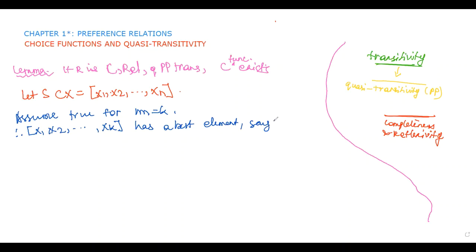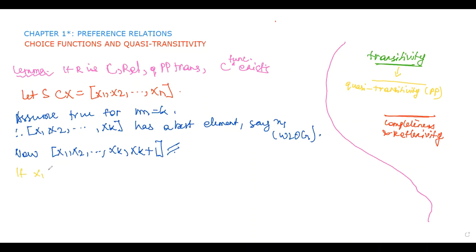Say x1, again without loss of generality. Now take the set with one more element, which is xk+1. We will show that this has a best element as well, and therefore by induction the entire set must have at least one best element.